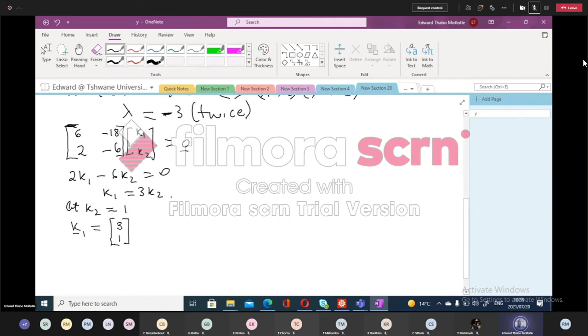Now, because you have the eigenvalue twice, you have minus 3 here, we must look for a second vector. So if it's repeated, the mathematicians resolved to use this. So this is 2 minus 6 times k1, k2 equals to 3 and 1.